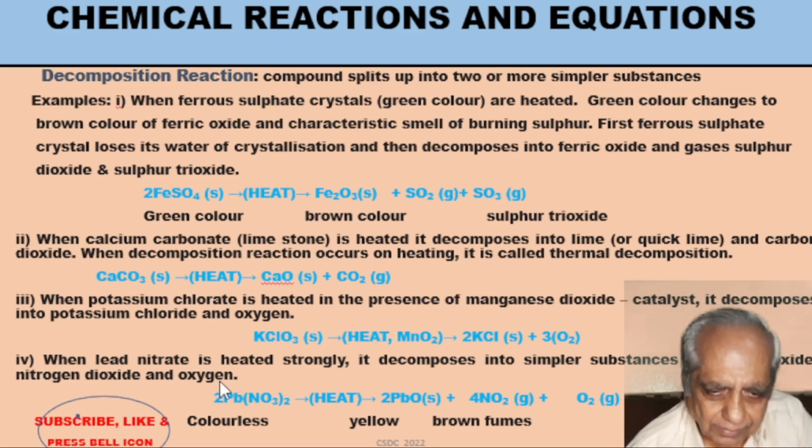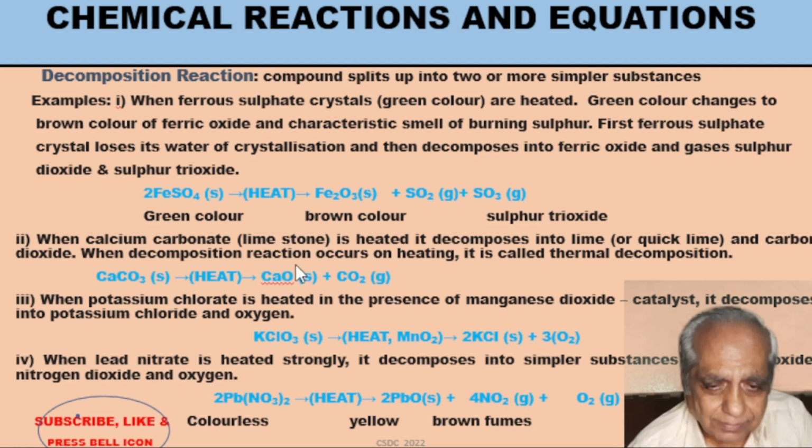The next example, lead nitrate, which is colorless. When we heat it, it forms lead oxide, which is yellow in color, and NO2 gas, which appears like brown fumes, and oxygen gas is also given out. So you may think that I will only learn one or two examples of each type and be able to answer the question.